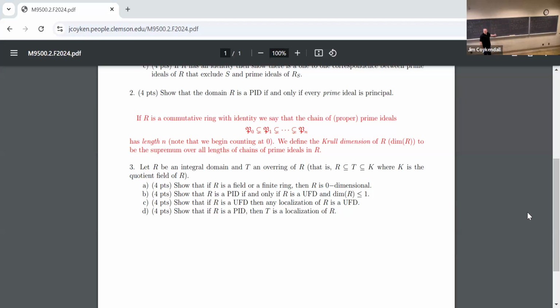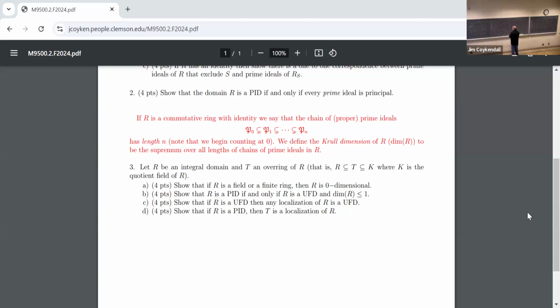Notice RA is in P. Therefore, what can we say about R? R must be in J because it's something that blasts A into P.